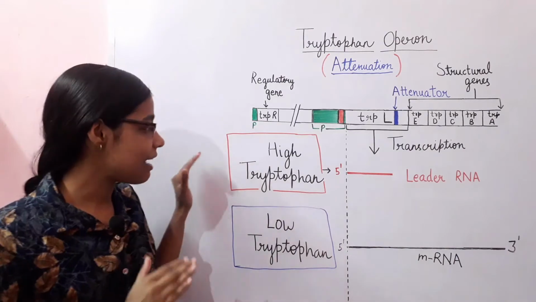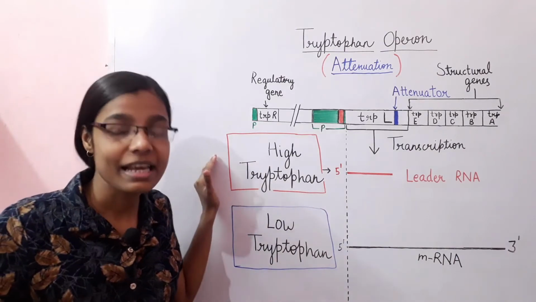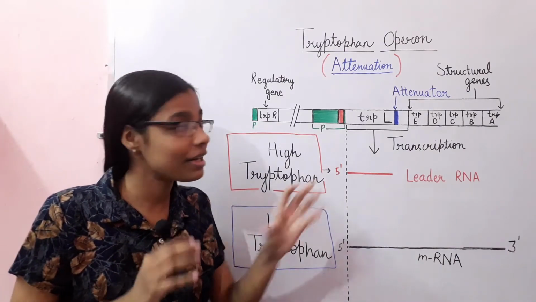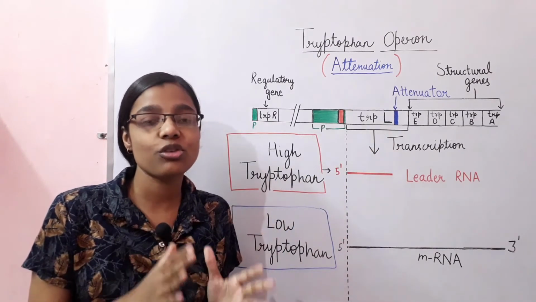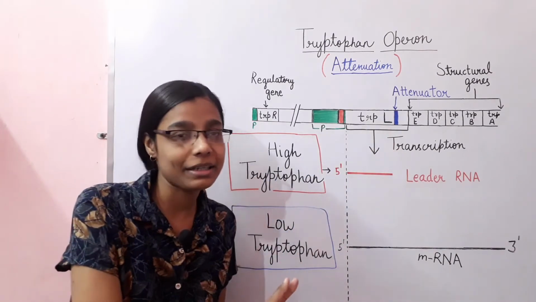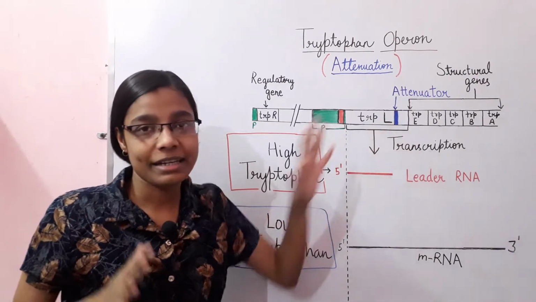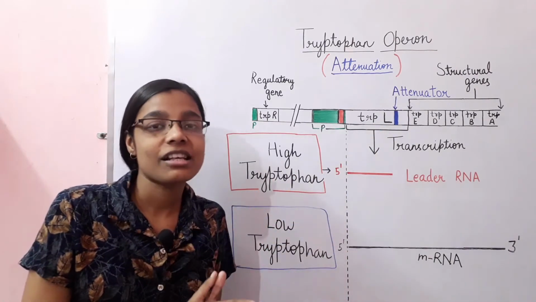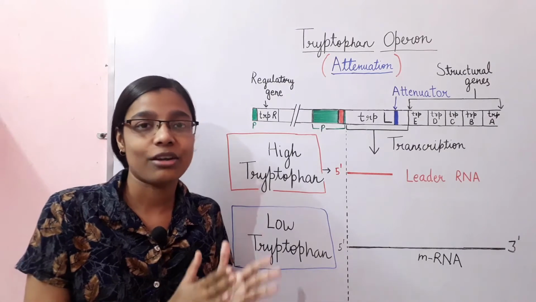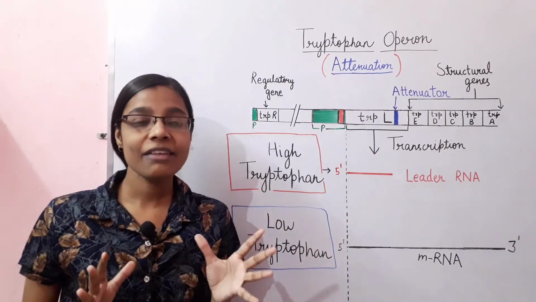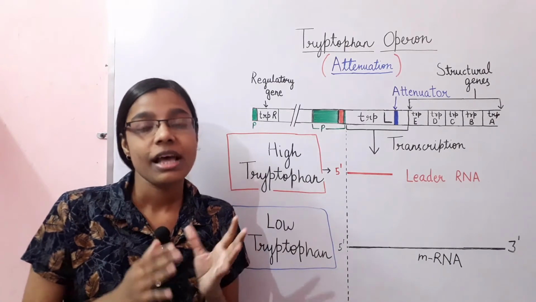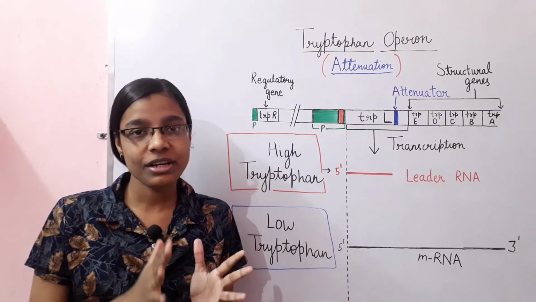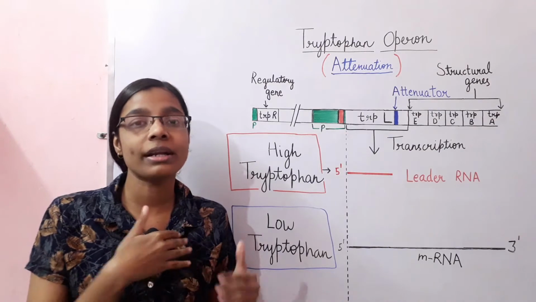However, when the level of tryptophan is high, something is happening within this TRPL region due to which the process of transcription gets inhibited near the attenuator site, and as a result translation cannot take place further. And I want to tell you one more thing: within prokaryotes, the processes of transcription and translation go on continuously.